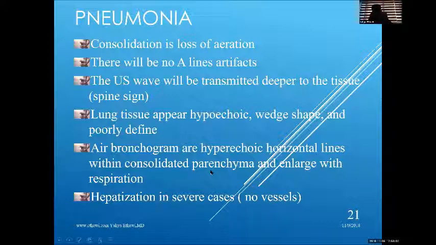And because sometimes there is air trapping, they might change in size during the respiratory cycle. And sometimes in severe cases, if you put Doppler, you'll see some Doppler changes, but as you see, there are no vessels, so we call it hepatization of the lung in severe cases.